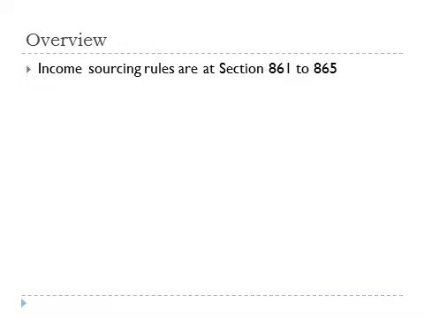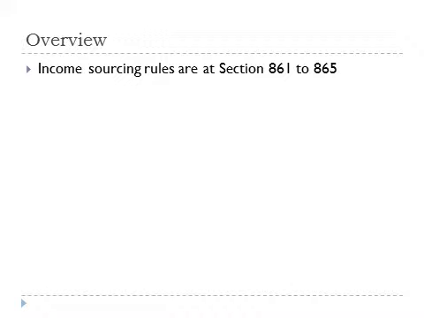Let's first discuss in broad terms the impact of the classification of income on the sourcing of that income. The income sourcing rules under U.S. domestic tax law are at sections 861 to 865.